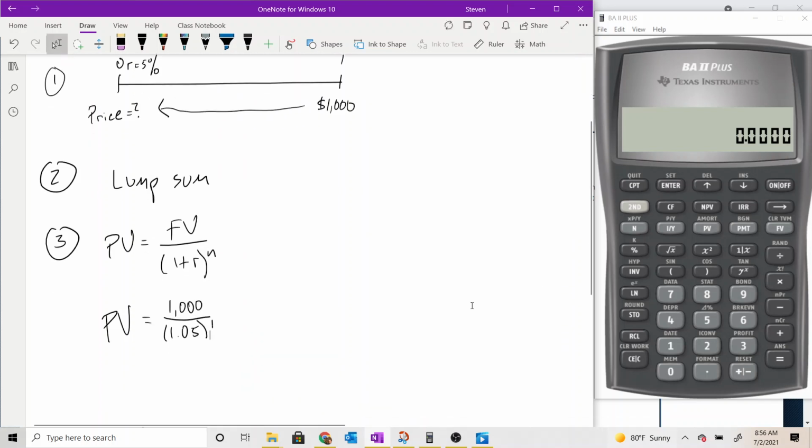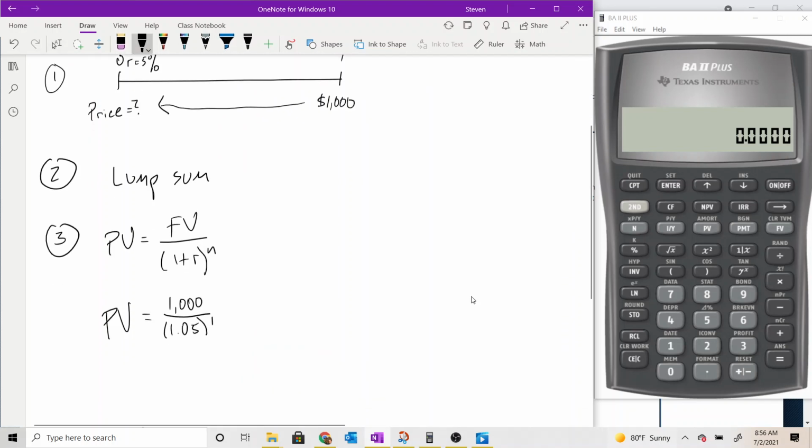Now, before we do any calculation, let's compare this to what it would have been while the yield was 2%. We knew the price was $980.39, which was the present value of that 1,000 discounted at 2%.